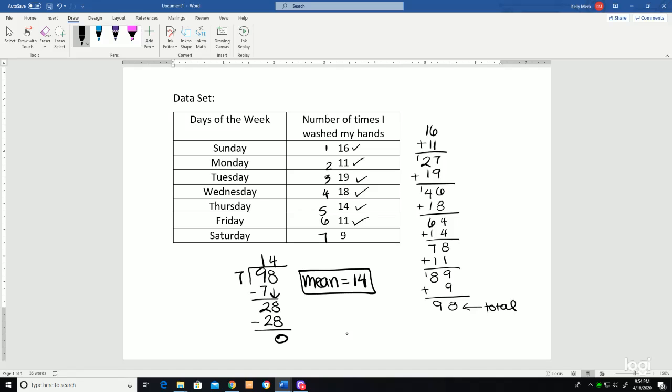So if someone's like, on average, how many times do you wash your hands during the week? I could tell them, about 14 times. Some days it was more than 14. If you check out Sunday, it was 16. So some days it's more than 14, and some days it's less than 14. But when we put all of these numbers together, all of the data centers around 14. So that is the mean.